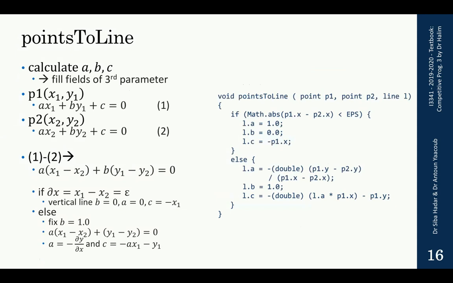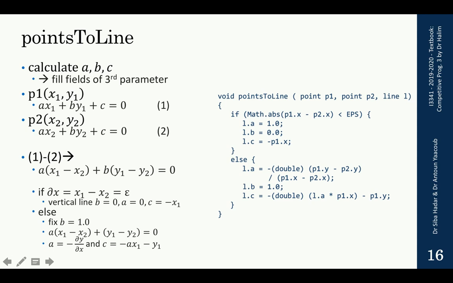Points to line. Now we will see the function points to line, which takes 2 points and fills the fields in the third parameter, the fields A, B, C of the object L of type line.